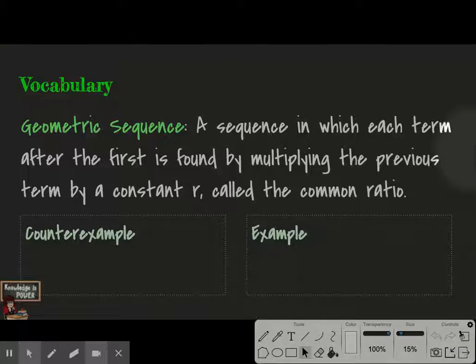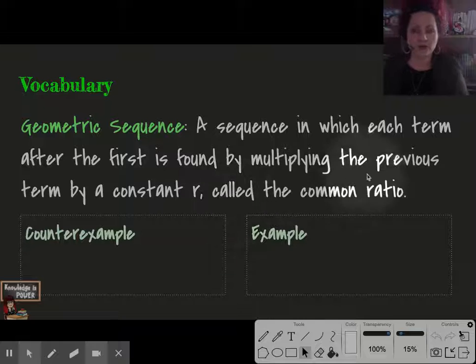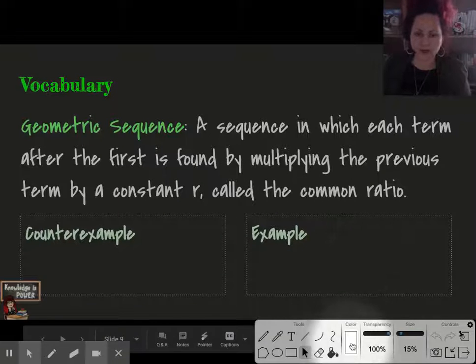All right, our vocabulary. First one, geometric sequence: a sequence in which each term after the first is found by multiplying the previous term by a constant r, called the common ratio. Let me give you an example.